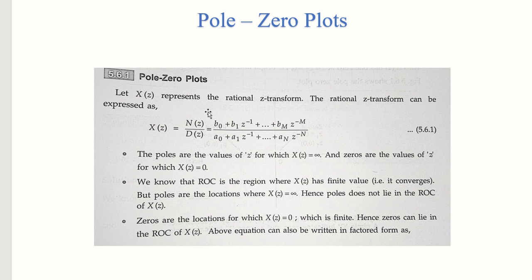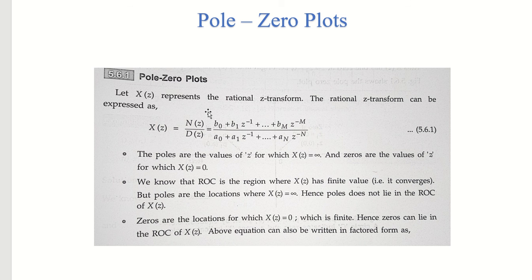Now the poles, what are the poles? Poles are the values of z for which X of z equals infinity, and in the same way zeros are the values of z for which X of z equals 0. Now we have already studied what the ROC is. So we know that the ROC is the region where X of z has a finite value, which means it is the region where my Z transform converges.